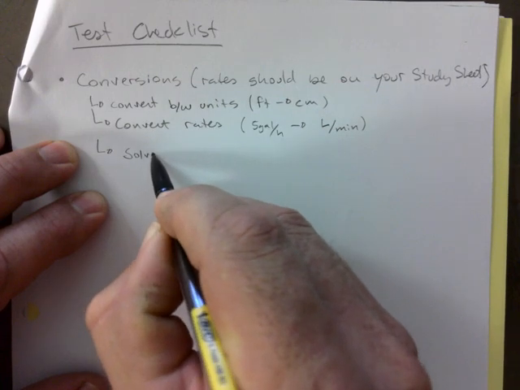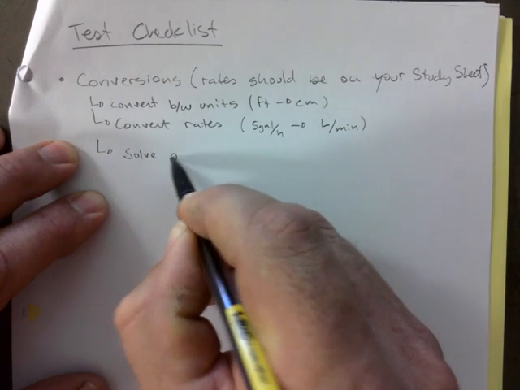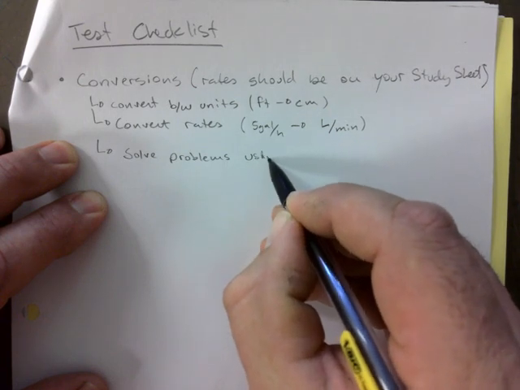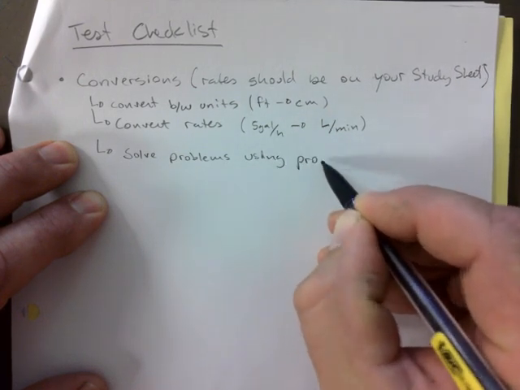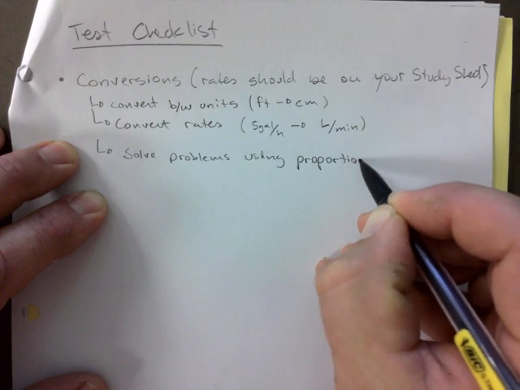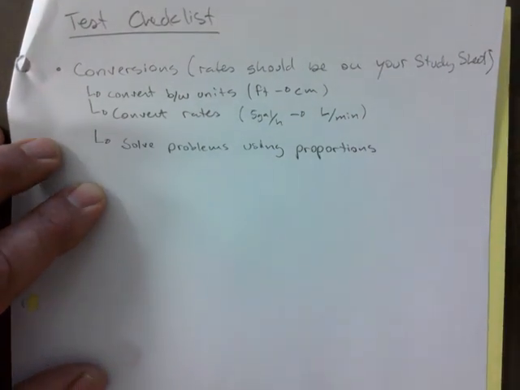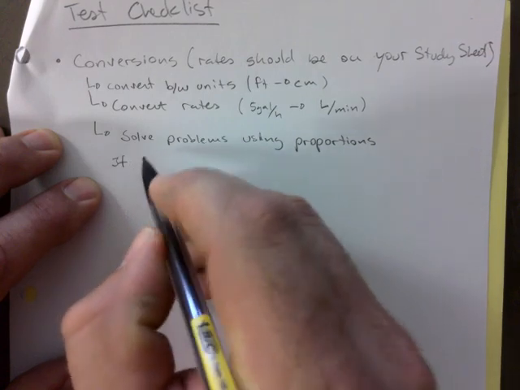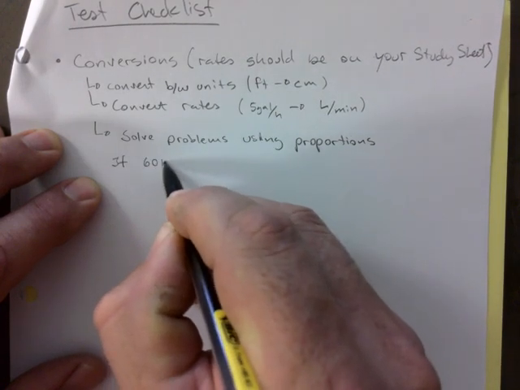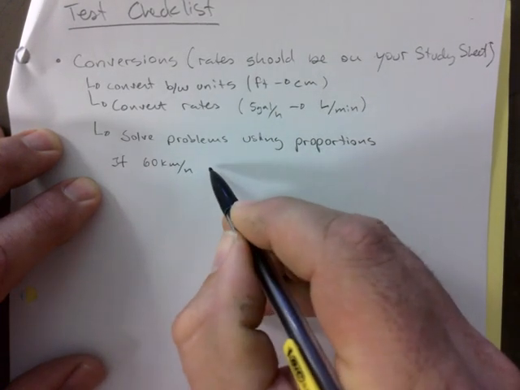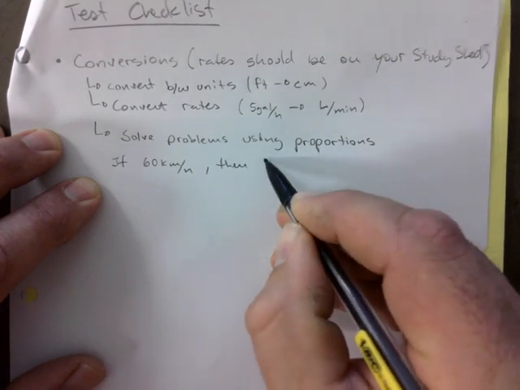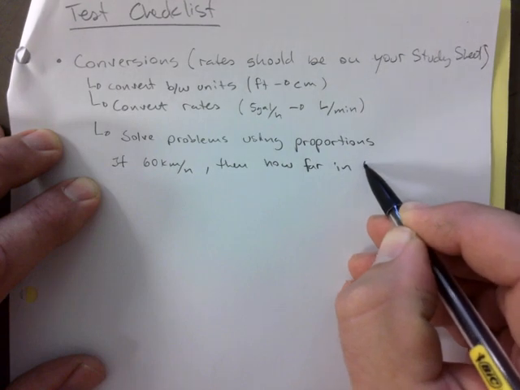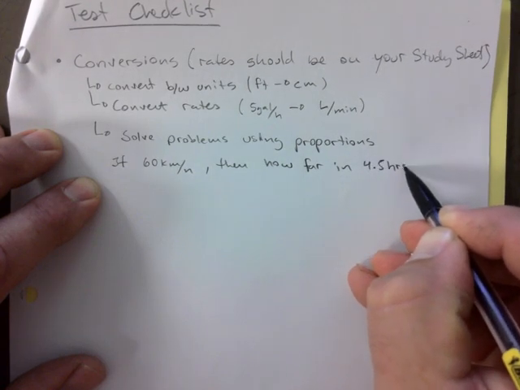Solve problems, right? Solve problems using proportional reasoning, right? Example, if you travel 60 kilometers an hour, then how far in 4.5 hours, let's say.